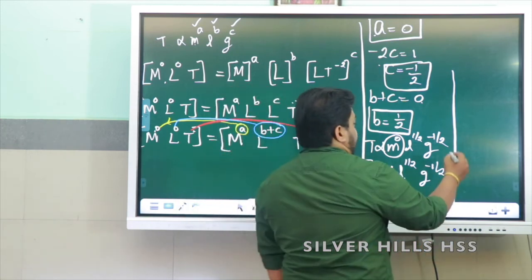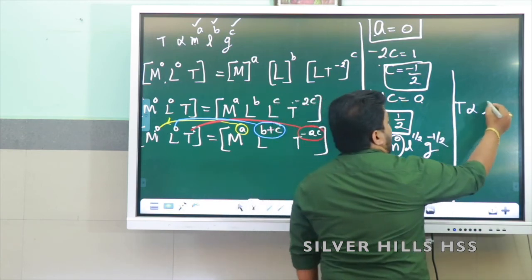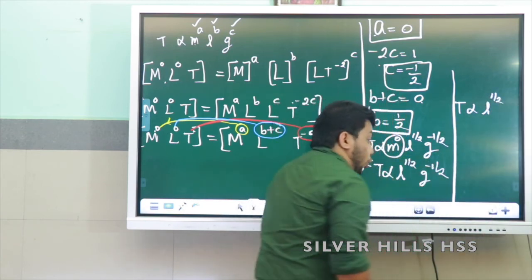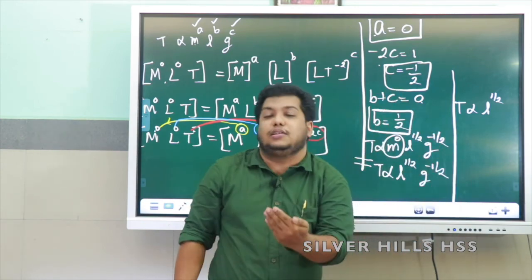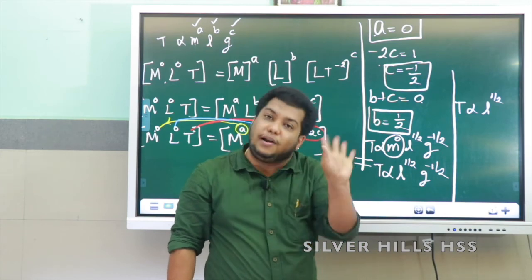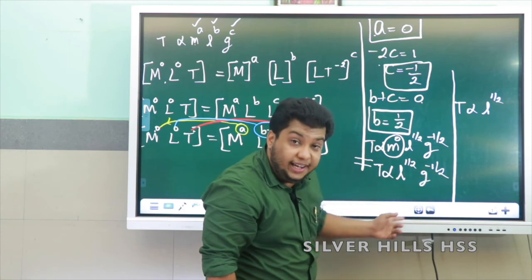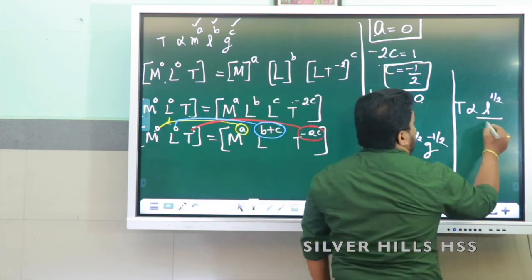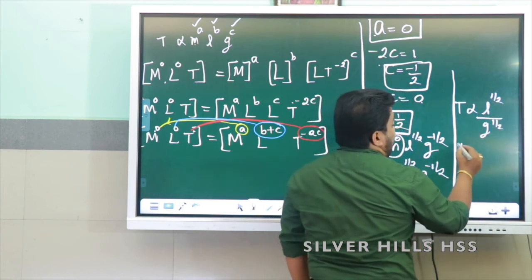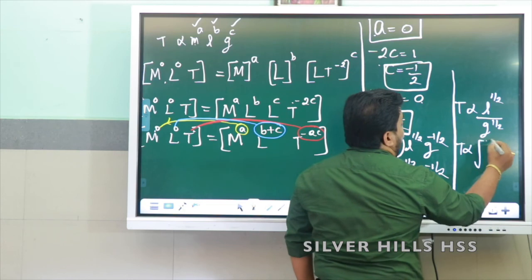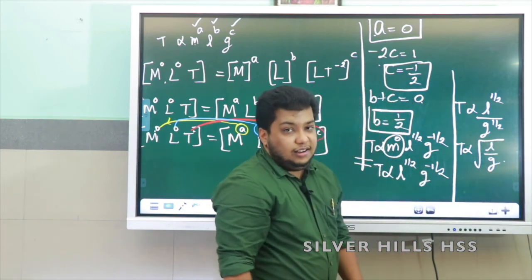We can take another step: when g raised to minus 1 by 2 is taken into the denominator, it becomes g raised to plus 1 by 2. Raised to 1 by 2 means root. So T is proportional to root of L by g.